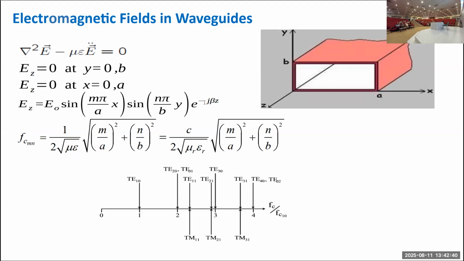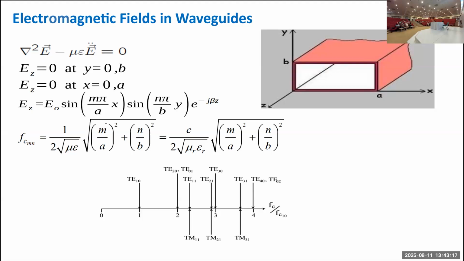And there is another particular effect on propagation, that there is a cutoff frequency, which can be defined by these parameters, which are A and B. And here M and N define the modes, which will be discussed shortly.